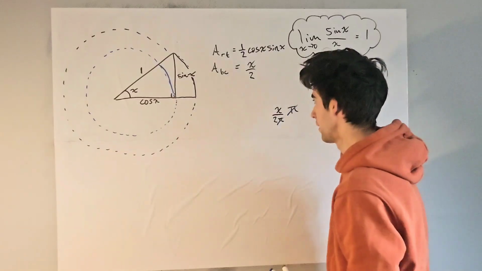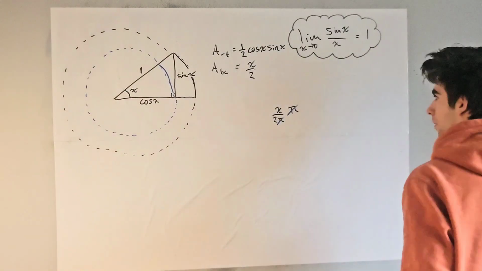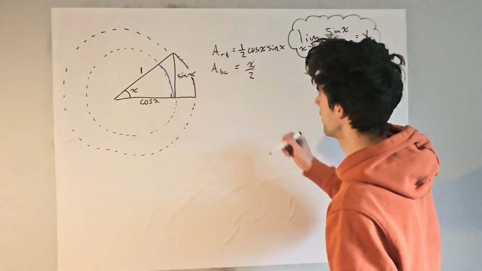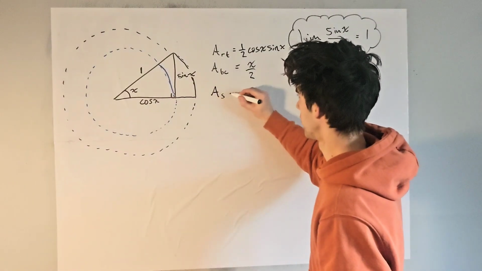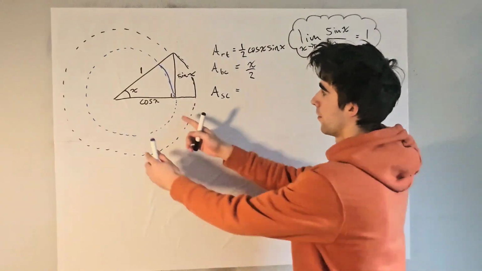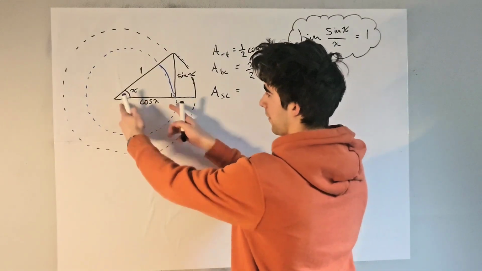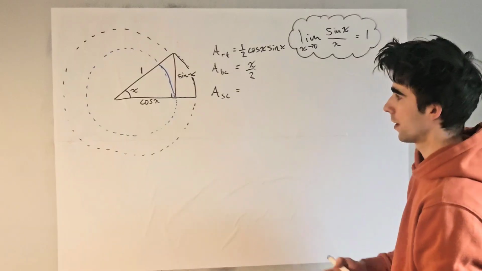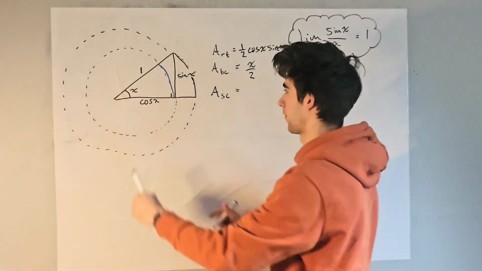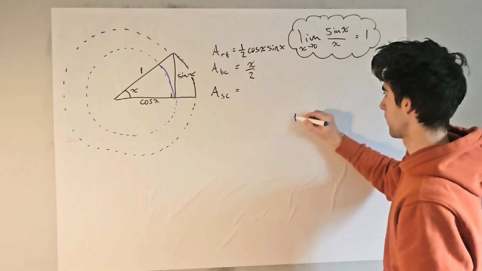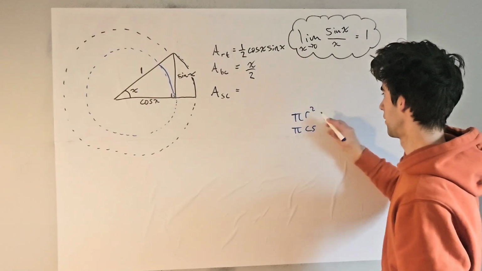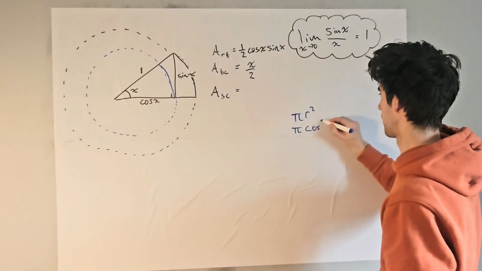Now, one last shape's area that we have to determine, and that's the area of the small circle segment. This one here, we're going to do in a similar way. The radius, though, is the cosine of x. This distance here is now the radius of the circle. So for pi r squared, we have pi cosine squared of x.